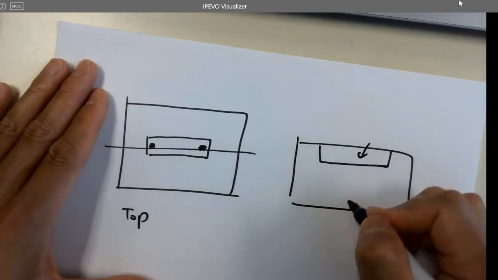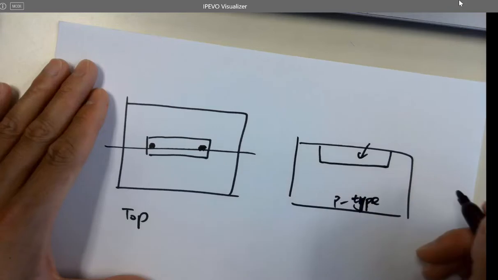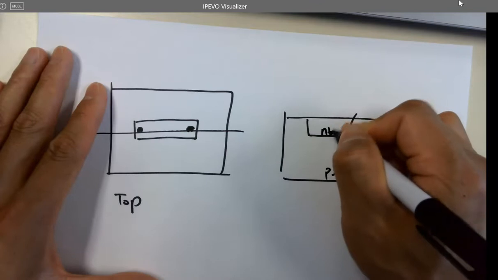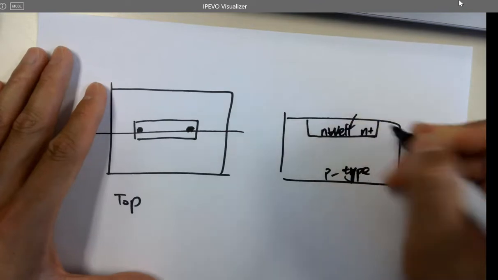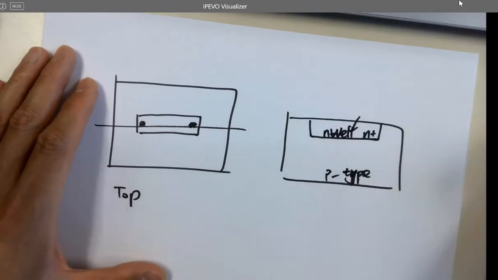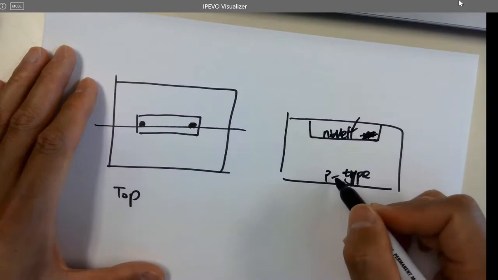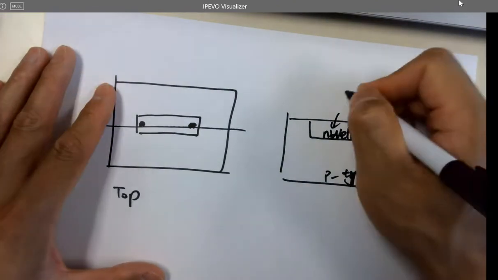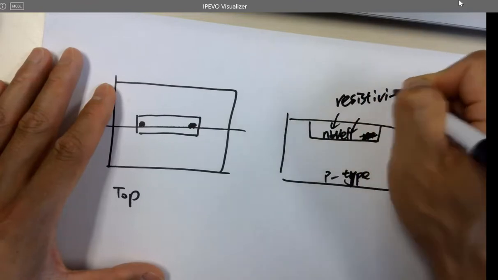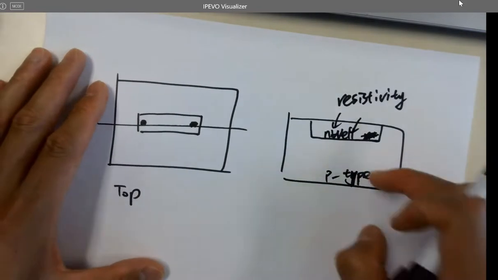Here's a P-type semiconductor, P-type silicon, and this one is called N-well. It's N-type material, but not as heavily doped as N plus materials. They're different. But it's an N-type well doped into the P-type silicon wafer, and it has a certain resistivity, so you can use it as a resistor on the silicon chip.